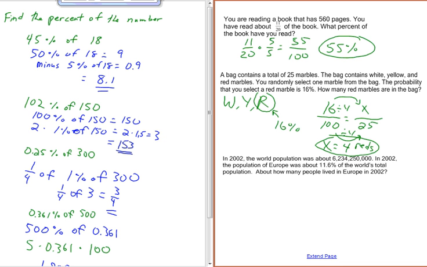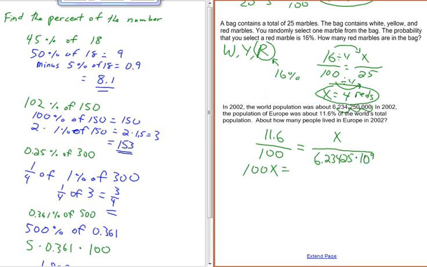Let's see what it is with scientific notation. So 11.6 over 100, and who remembers how to put this in scientific notation? 6.2, 3, 4, 2, 5 times 10 to the 9. Then you're going to multiply 11.6 by that on your calculator. We're definitely going to use calculators here.